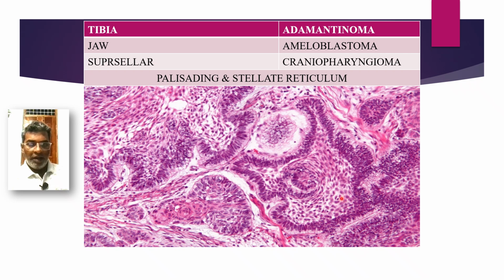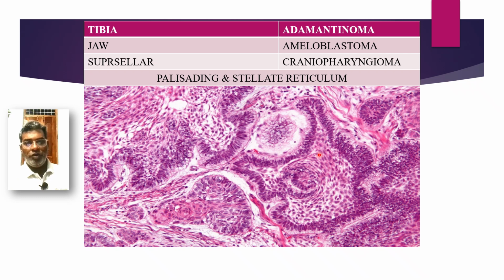And there is stellate reticulum. It appears like loose stellate reticulum. So palisading and stellate reticulum is the microscopic finding, and these findings are common in adamantinoma, ameloblastoma and craniopharyngioma.